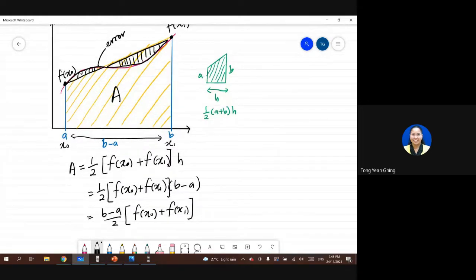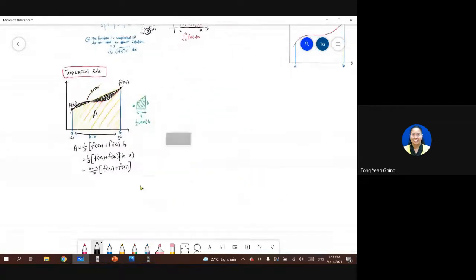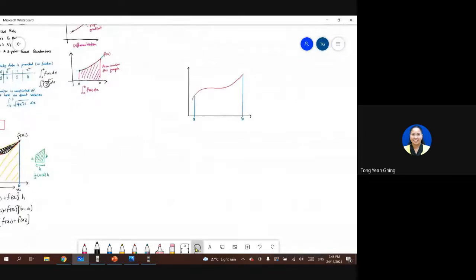So now I want to reduce this error. This error is too much. So I will divide it into several segments. Let me copy this graph.